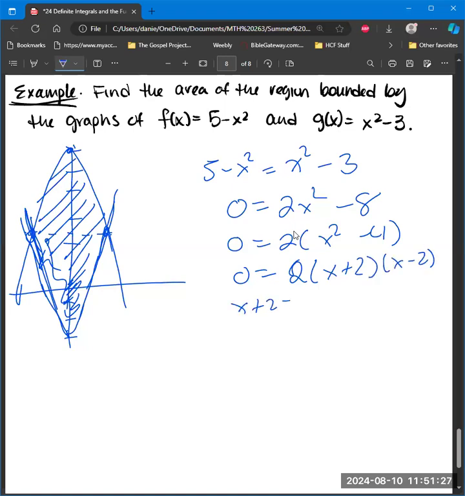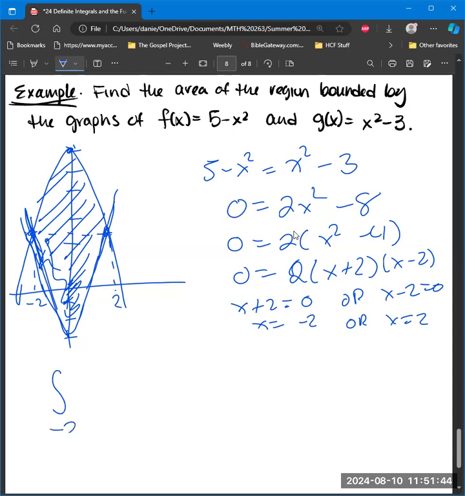X plus 2 equals 0, or x minus 2 equals 0, so x equals negative 2, or x equals 2. So I know this is at negative 2, and this is at positive 2, the boundaries of my region.